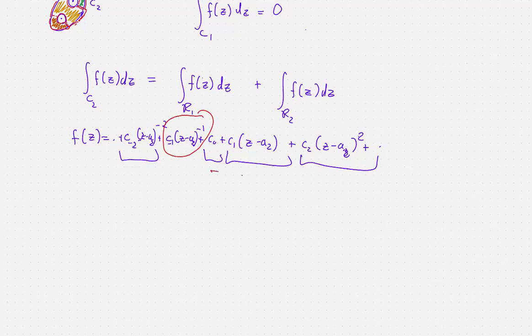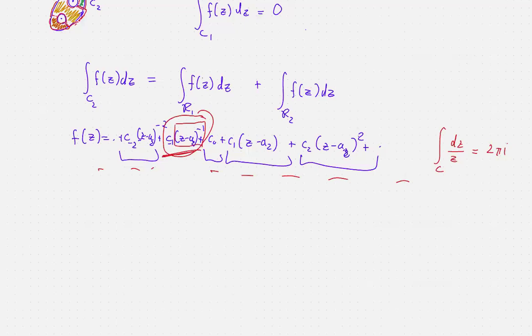The only term that would actually stand out would be this one, which would resemble the integral that we did in a separate video. Remember the integral over the unit circle, which ended up being 2 pi I. Okay, so more specifically, (z minus a2) to the negative 1 would end up giving you 2 pi I, and then the only thing that actually stays in there is the coefficient, which is c to the negative 1.